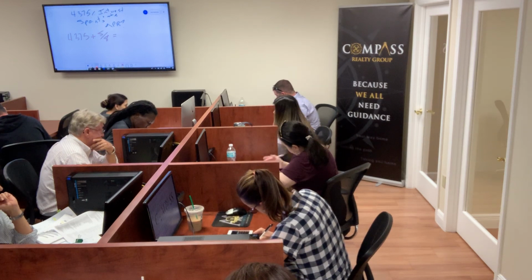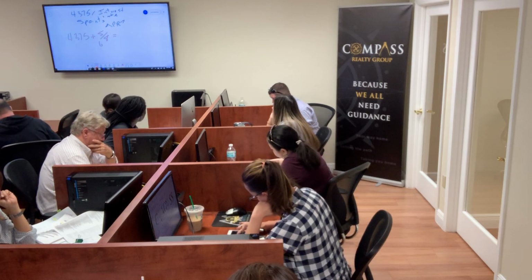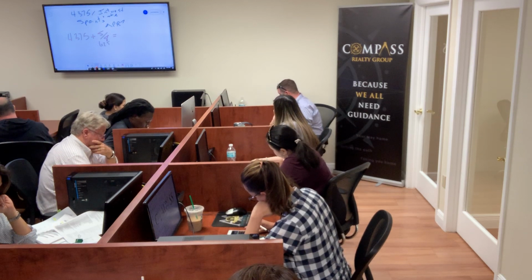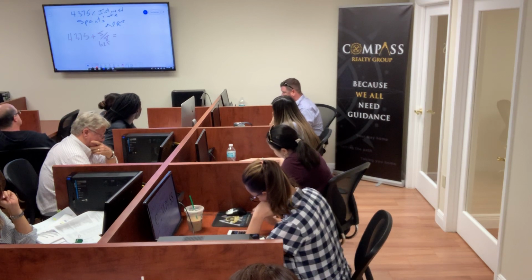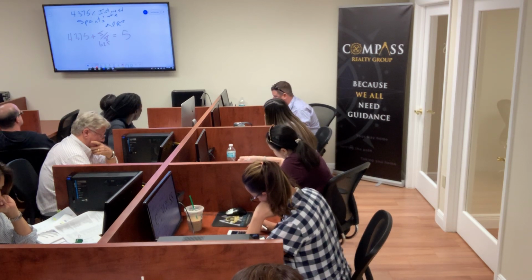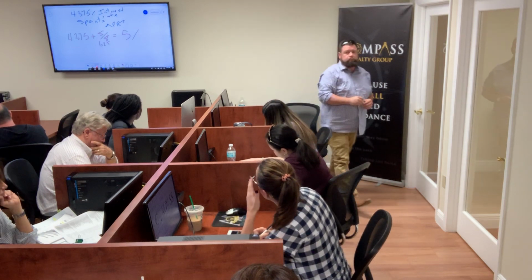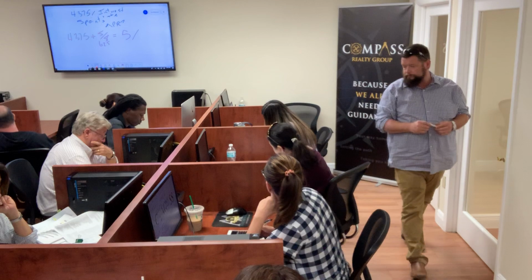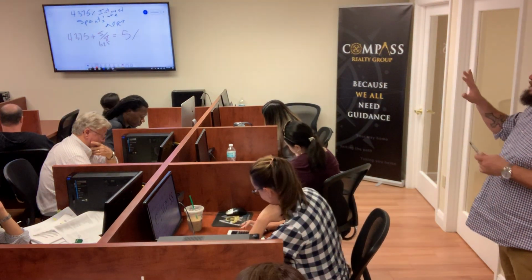So 5 divided by 8 gives me 0.625. Now 4.375 plus 0.625 gives me an APR of 5%, nice and round. This is pretty easy, I think.